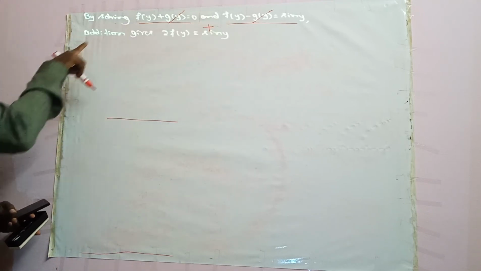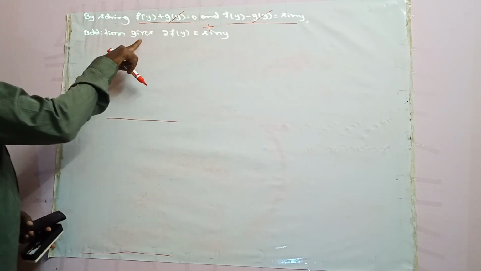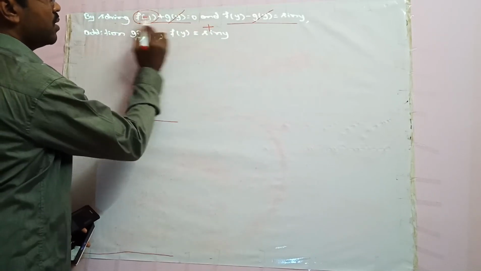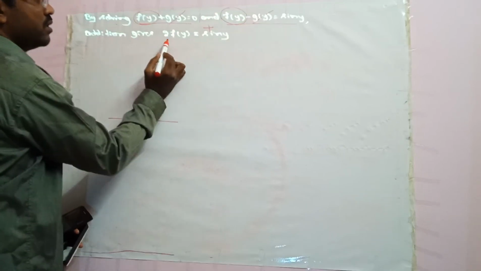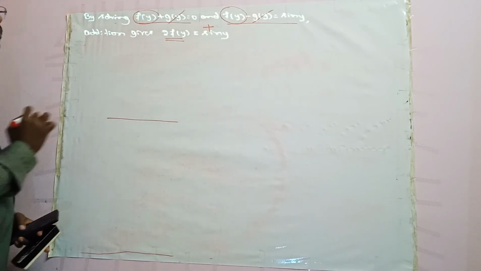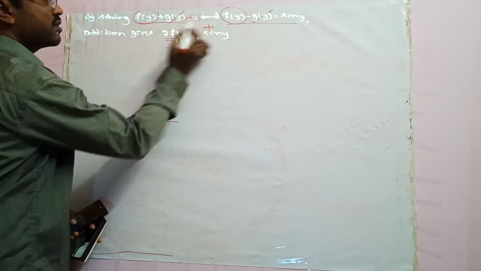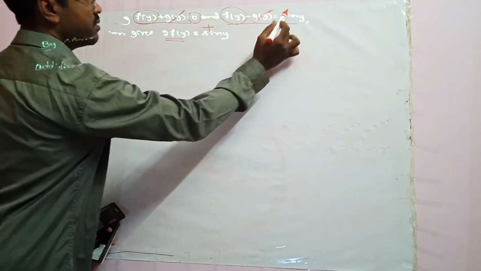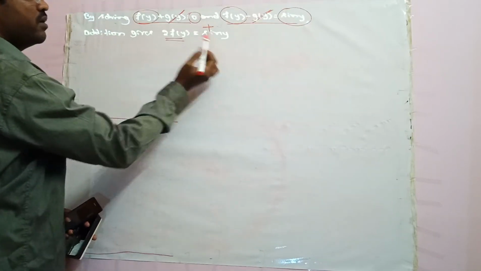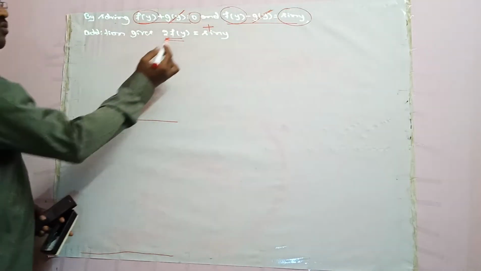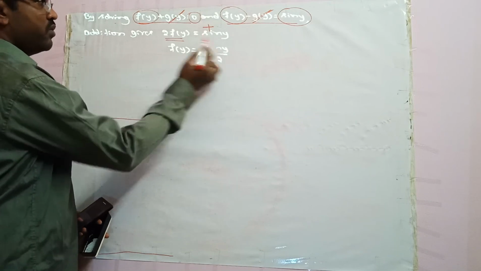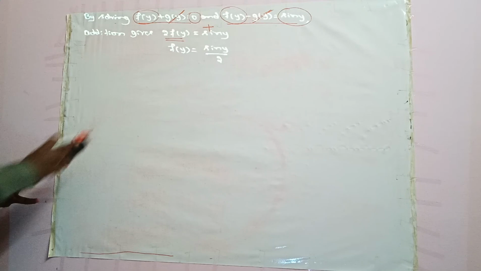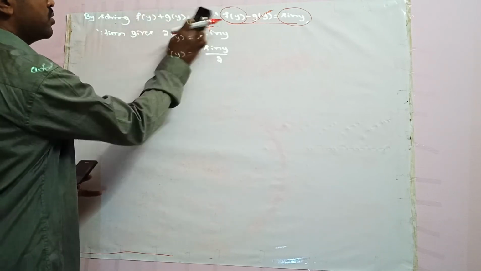So addition gives f of y plus f of y will be 2 times f of y is equal to 0 plus sin y. 0 plus sin y will be sin y only. Therefore, f of y is equal to sin y divided by 2. So we got the value of f of y. Now, how do we find the g of y value is the question.